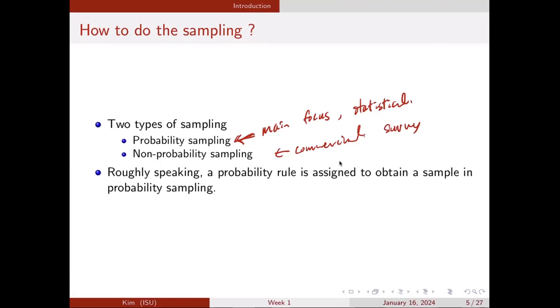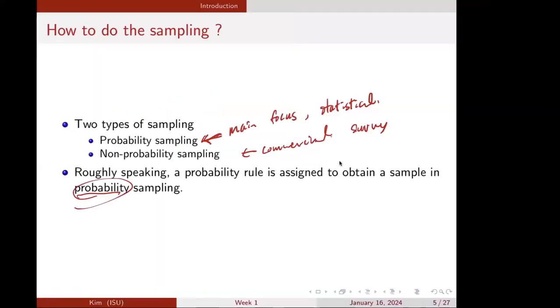Okay. So roughly speaking, a probability rule is used to obtain a sample in probability sampling. The key part is that we have some kind of random mechanism, based on a probability rule, used to select samples.